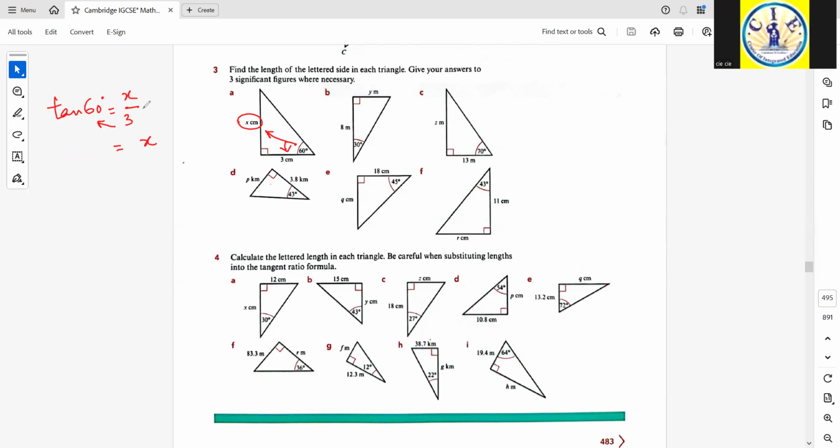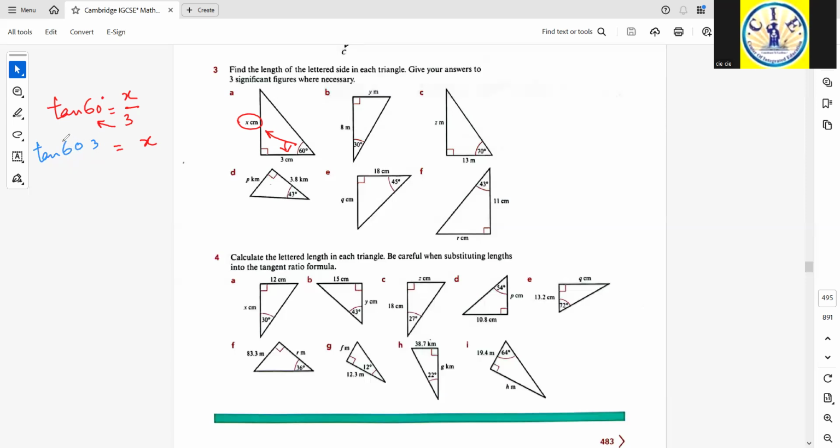They do it like this as well, tangent 60 times 3. So either it is to be written like this, and if it is not written like this, that might make students make an error.